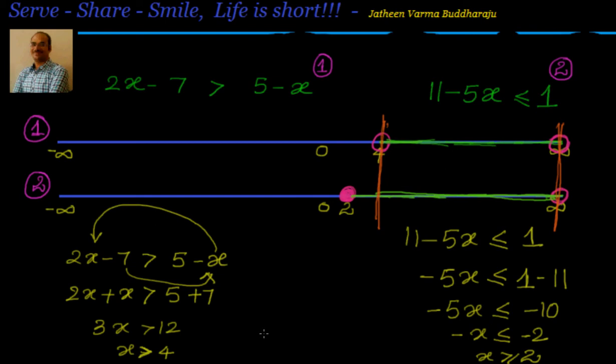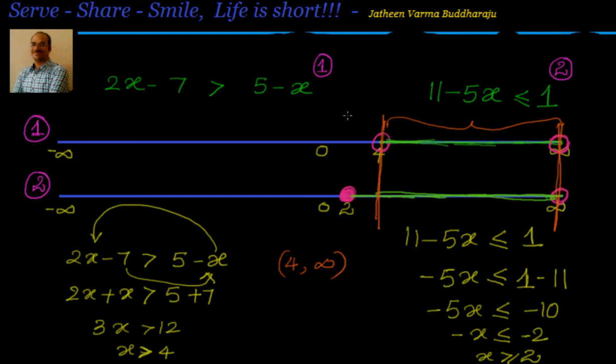So x greater than 4, x greater than or equal to 2, the common solution is this part. So what is that interval? 4 comma infinity, excluding the boundaries.